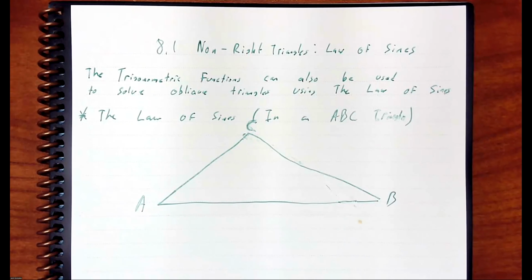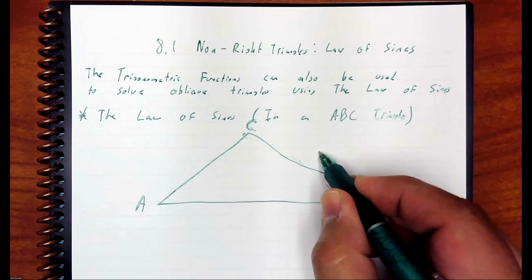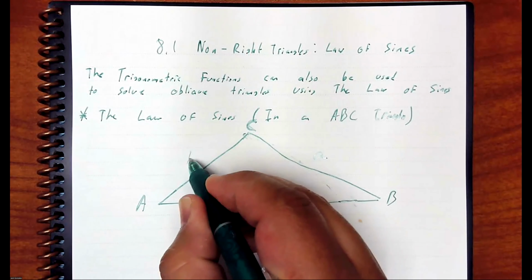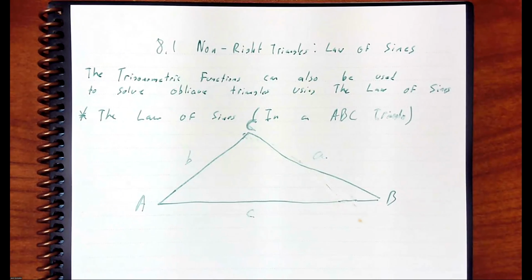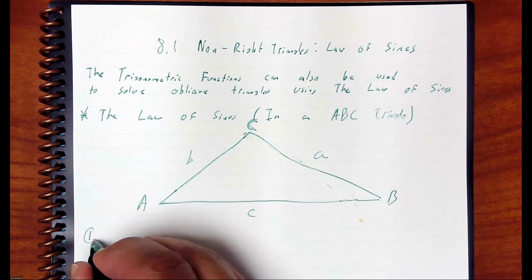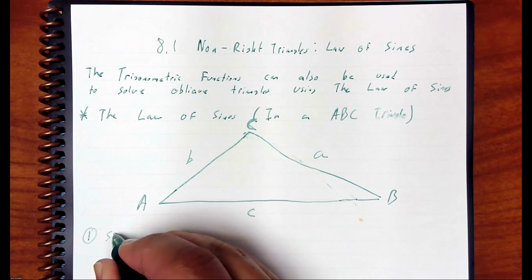Opposite to those main angles are going to be the little lowercase a, b, and c. So very similar to how we've been setting it up. It's just that we no longer have a right angle, okay? Which means you can't do Pythagorean theorem, so don't try. So given that triangle, the following is true.